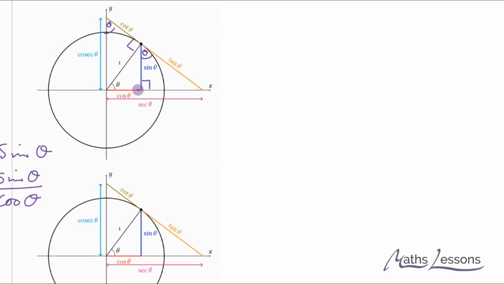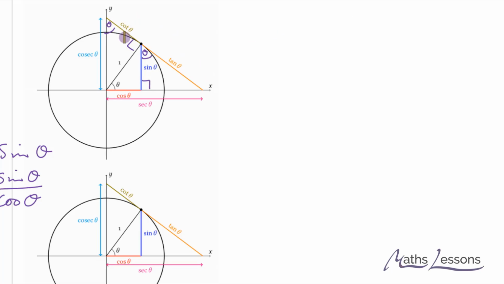So what we're going to do is use this triangle here and this triangle here to try and show cot, because we know what cos and sine are, and therefore we can use that to help us show what cot is. Right, so we're going to look for the corresponding sides.